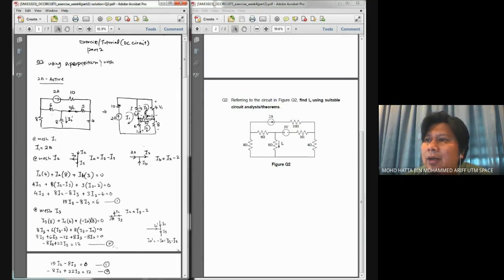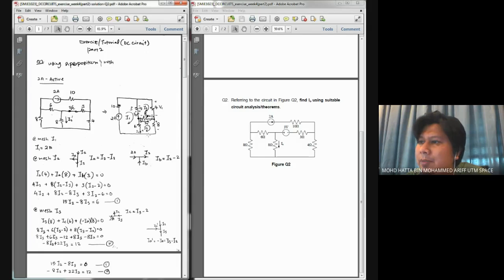So here I would use both superposition and mesh analysis if the 2 ampere current source is active, because once I set up my simplified circuit, or redraw my circuit, I saw over here I have 3 meshes.